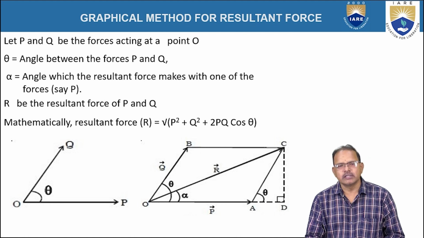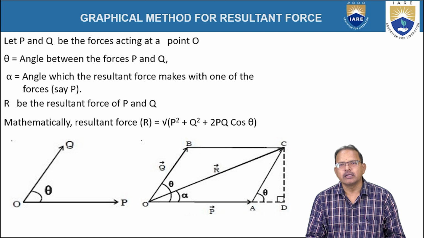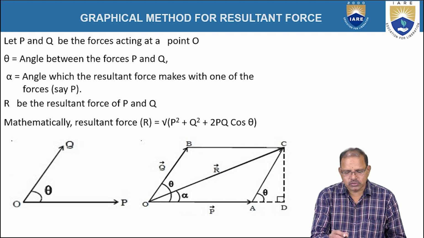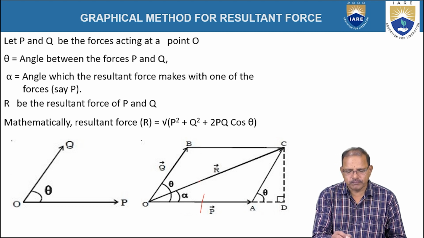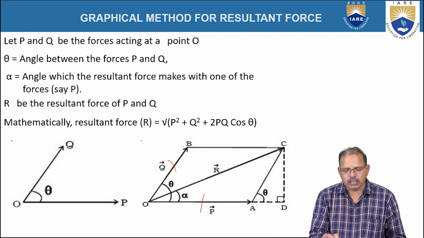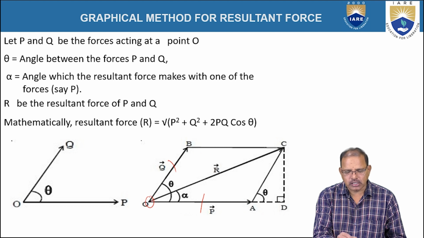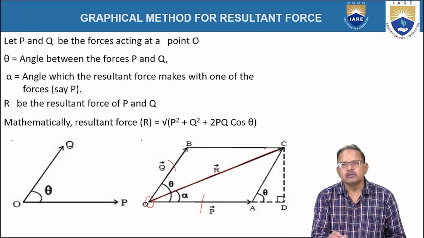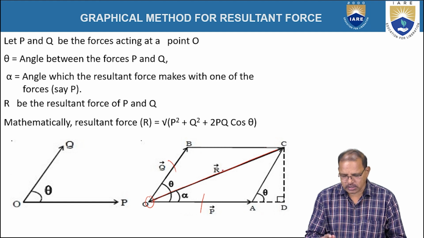Here two forces P and Q are acting at a point O. They are represented as two sides of a parallelogram. The diagonal passing through that intersection represents the resultant of these two forces both in magnitude and direction.